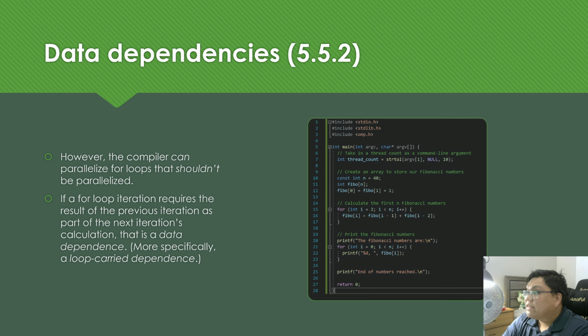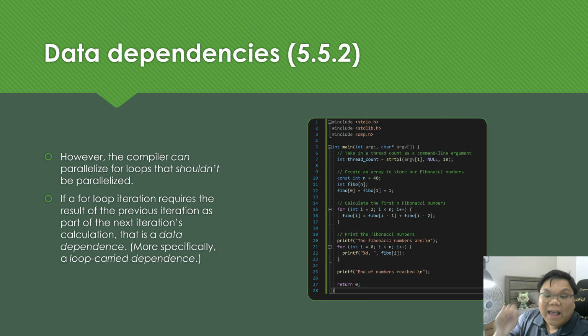Oh, by the way, there is another case in which you would not want to parallelize a for loop. There is something called a data dependency, where the result of one for loop iteration is required for the next for loop iteration. Consider the example of the Fibonacci numbers: 1, 1, 2, 3, 5, 8, 13, and so on.